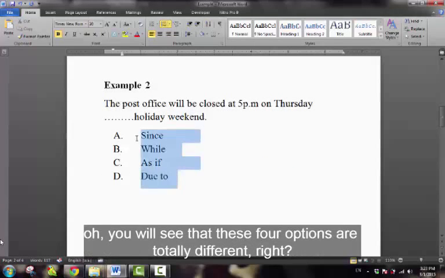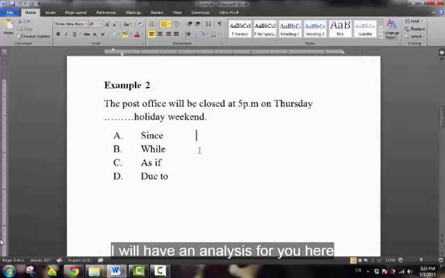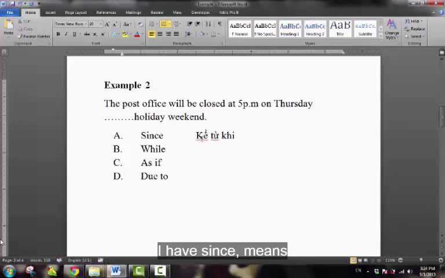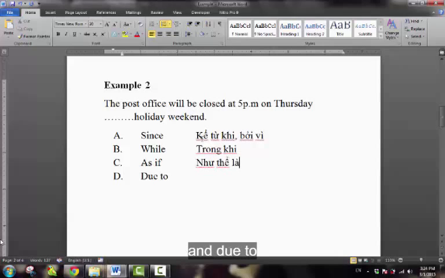You will see that these four options are totally different, right? But wait a minute. I will have an analysis for you here. Since means, right, and while means, and as if it means, and due to.